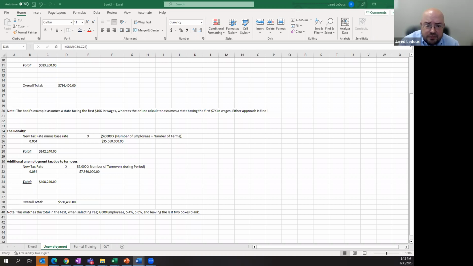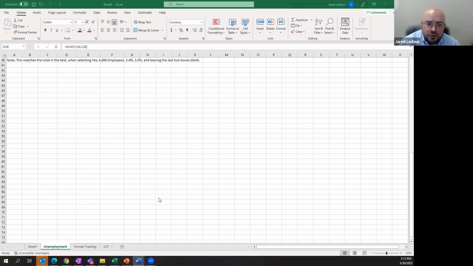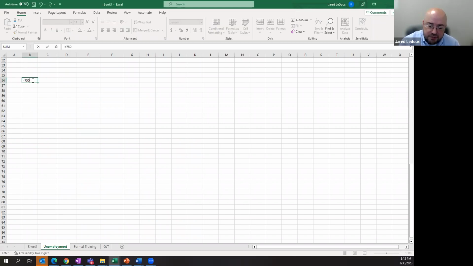The text is going to give you a total here of $750 per term. So if it's $750 per term, 750 times 1,080, that is $810,000 just for the advertising and employment agency fees.